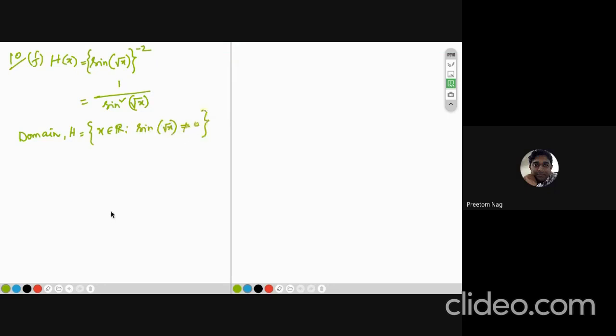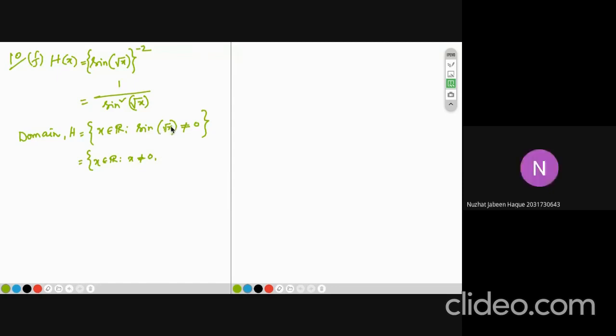If we break this, what values of x will be excluded? x is not equal to 0. It can't be 2 pi, because that is square root, so it would be square root of 2 pi. So only x is not equal to 0, because square root of x will be 0 only if x equals 0. Otherwise there is no such value of x for which square root of x can be 0.